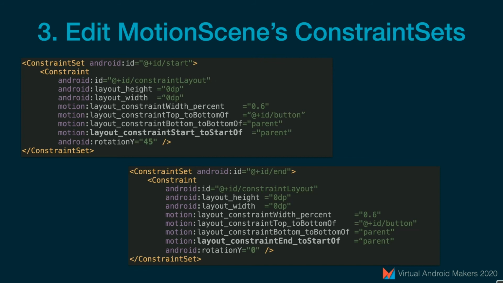In this particular case, you'll see the last two I change the constraint set from start, which is just attached to the left, and the starting state is to end of start, which is attached on the outside of the screen.